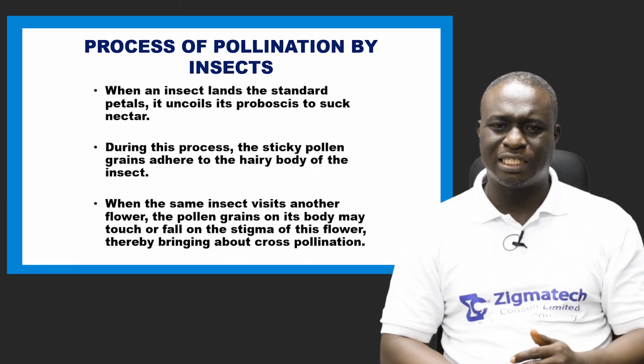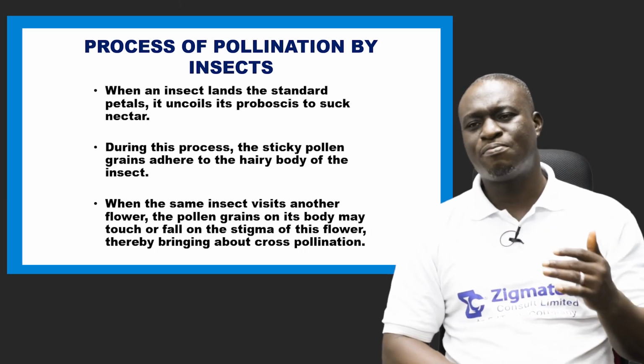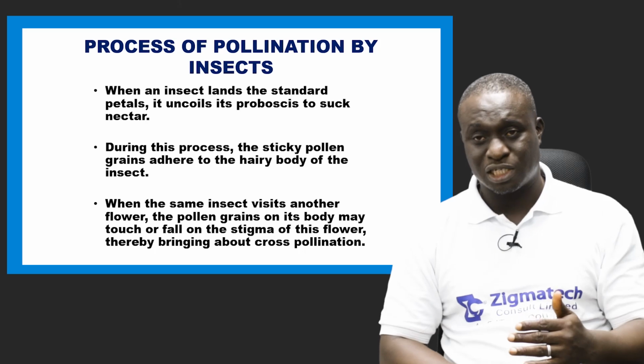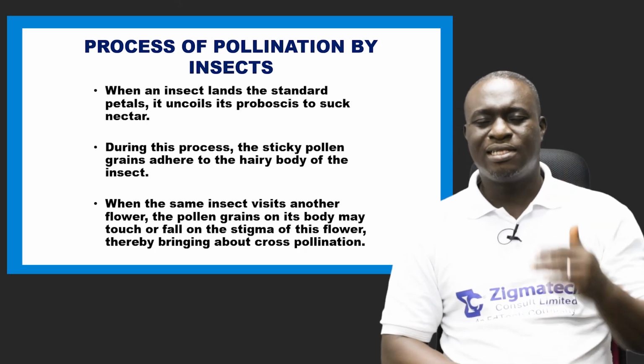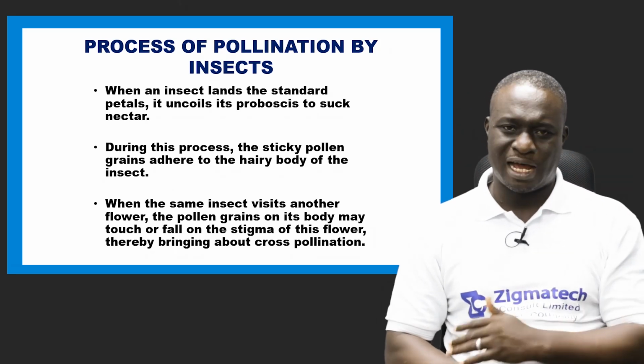So cross-pollination can take place. This is the process by which insects pollinate flowers.